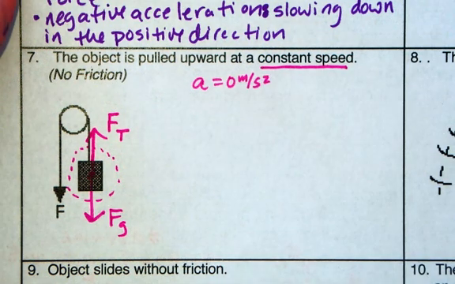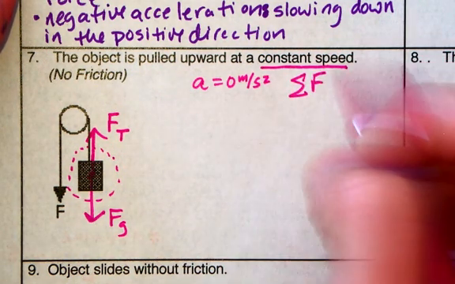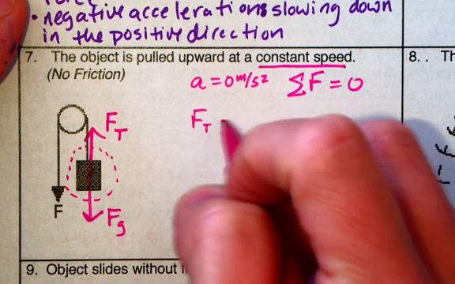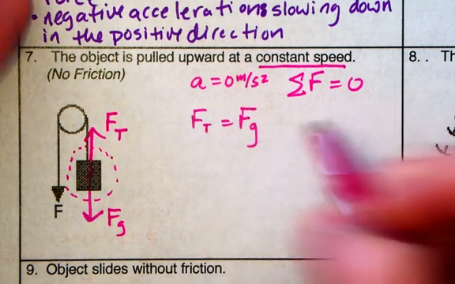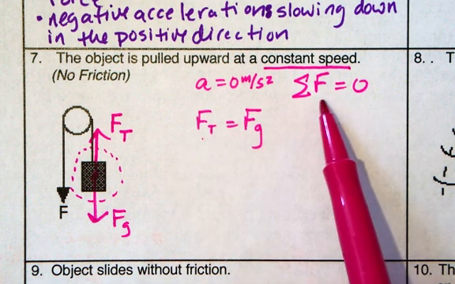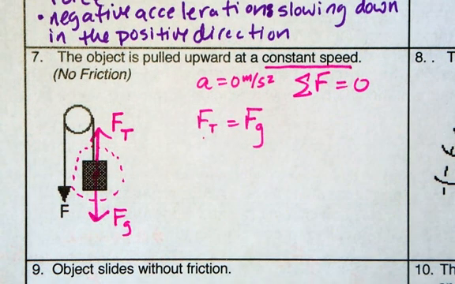If acceleration is 0, what do we know about the net force? That has to be 0. And if the net force is 0, what else do we know? We know that the force due to tension has to be equal to the gravitational force. So when we add those two forces together, because they're equal and opposite, they would equal 0. So the sum of the forces is 0. So these two have to be equal.